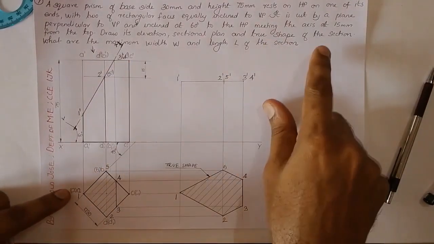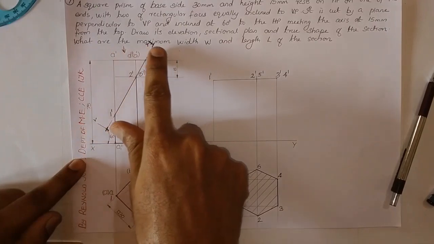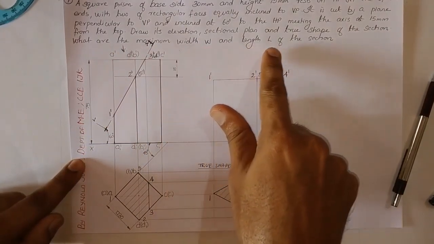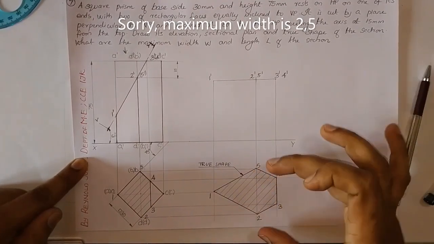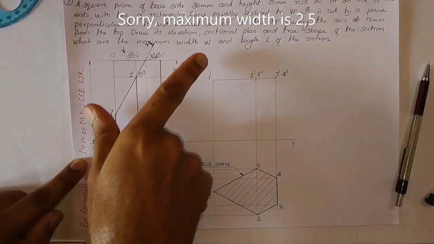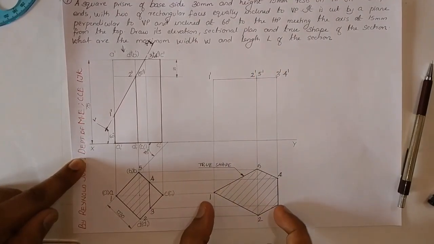In this question, it is asked, what are the maximum width W and length L of the section? The maximum width of the section is 2, 4. So this is the maximum width, which is denoted as W, and this is the maximum length L of the section.